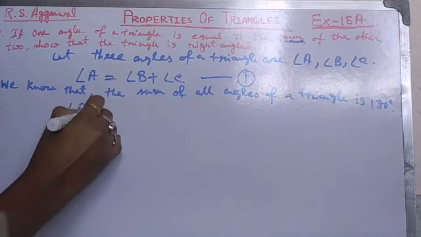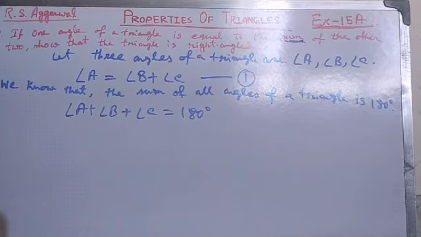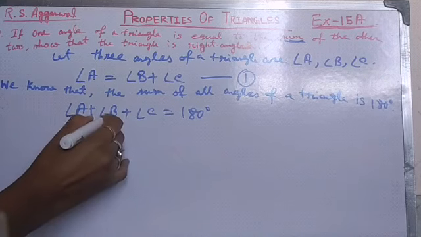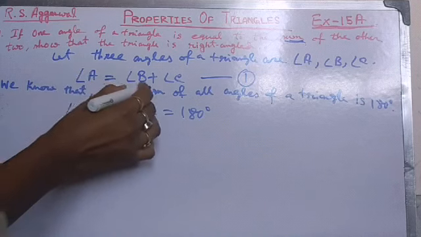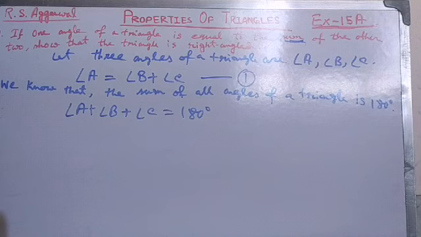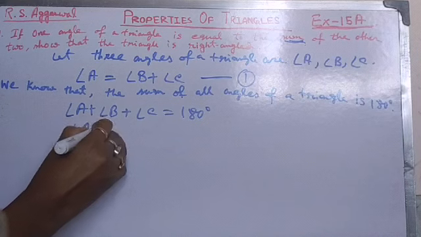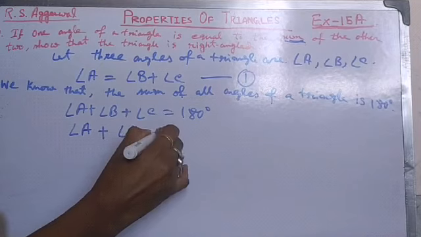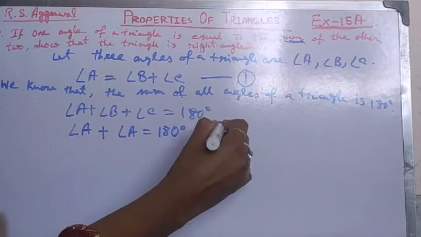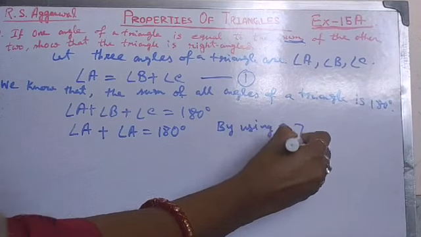That means angle A plus angle B plus angle C equal to 180 degree. Here, instead of angle B and angle C, I will put the value of angle A by using equation 1. So angle A plus angle A equal to 180 degree by using equation 1.